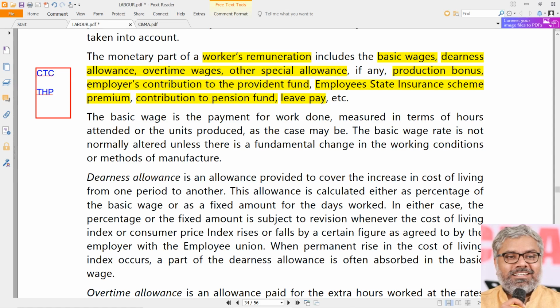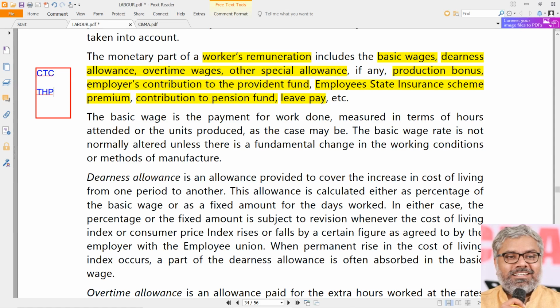That might also have a lot of allowances, other things. It might include overtime wages, it might include bonuses, whatever they are. But take home pay is basically the cash money that the employee receives from the employer generally each month. So that is the difference between CTC and take home pay.